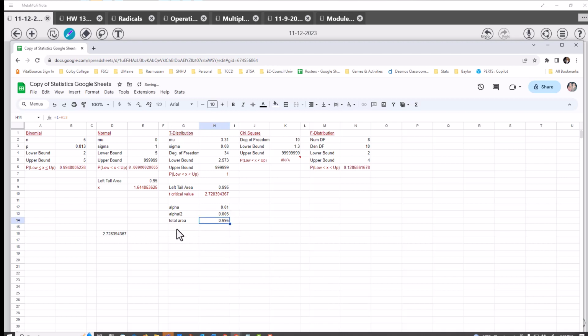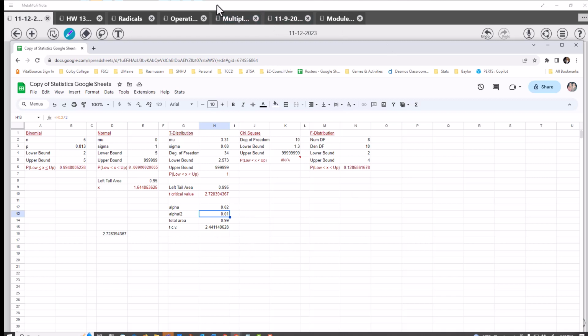That's how I got the 0.995, and so now my critical value equals T.INV, this, comma, my degrees of freedom. And the reason that I'm doing this is what if now they want me to do 0.05, or 0.02. And so I've made a nice little formula here in my, what do you call this, Google Sheet? I started to call it Excel.